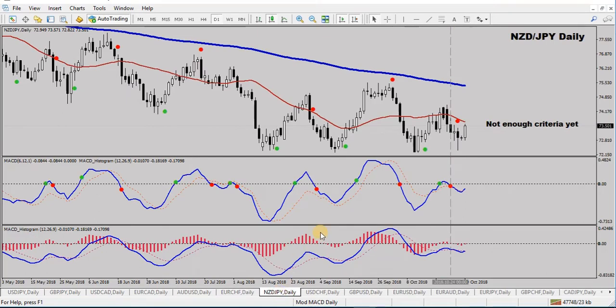New Zealand Japanese yen. Now, I didn't have enough criteria when I got the cross on the fast MACD, but I did have here, and I didn't take it. I just didn't like the look of it because of that spike. I'll just move that line out of the way.